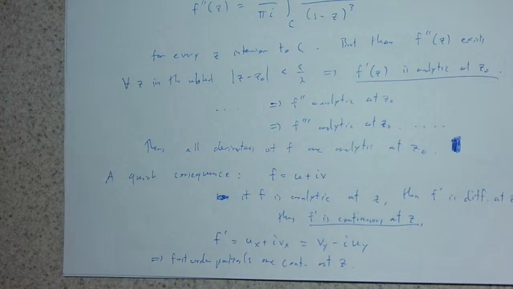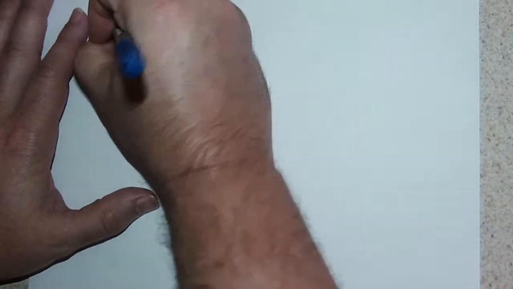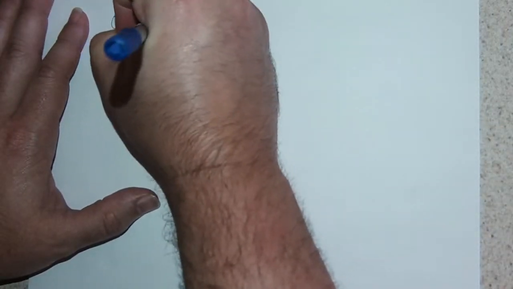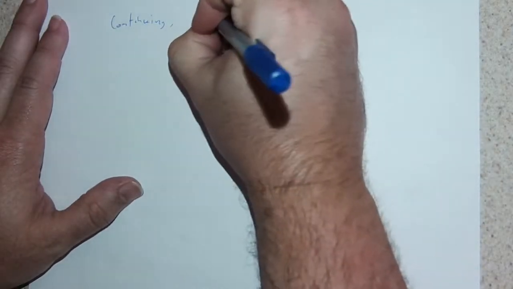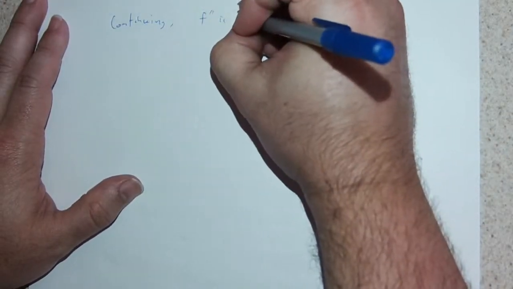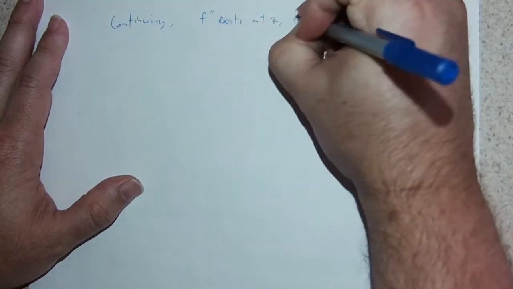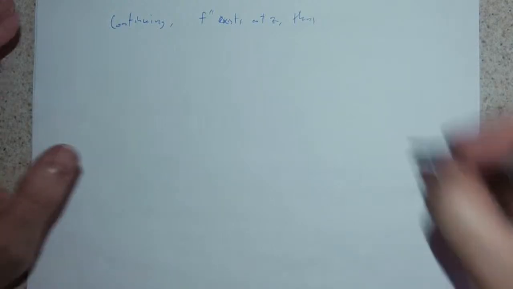But we can keep going here, right? So let's continue. So continuing, f double prime exists at z. Thus, f double prime is continuous.